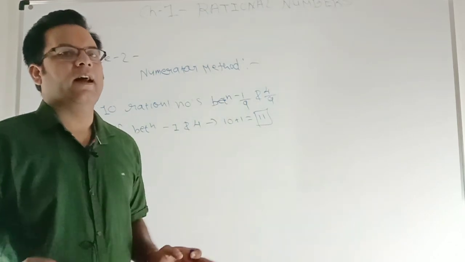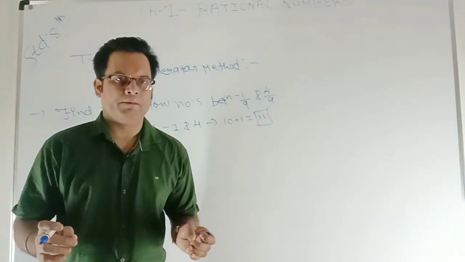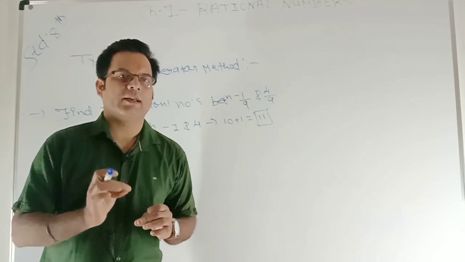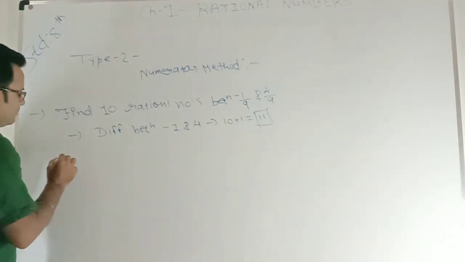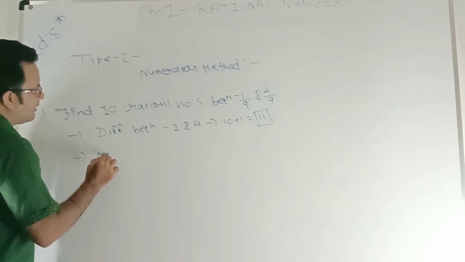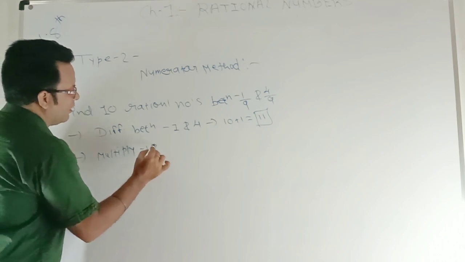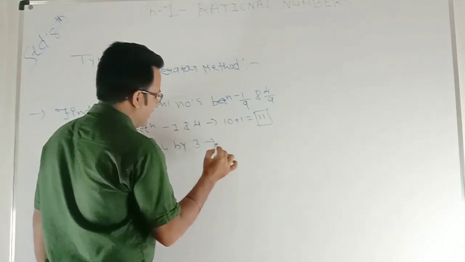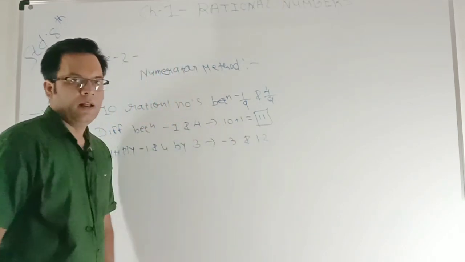So -1 and 4 you have to multiply by such a number that it can increase the difference. So multiply -1 and 4 by 3, you get -3 and 12.